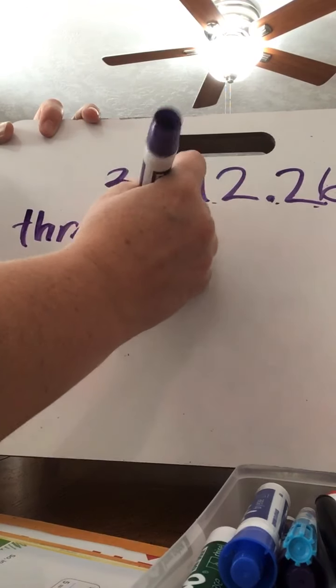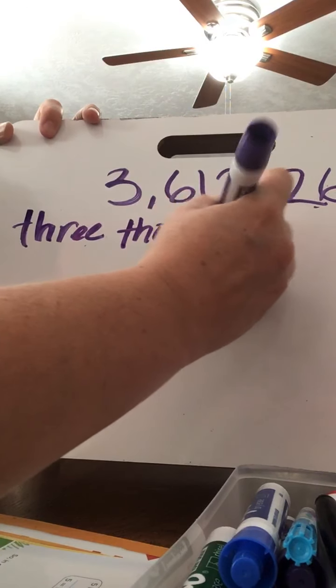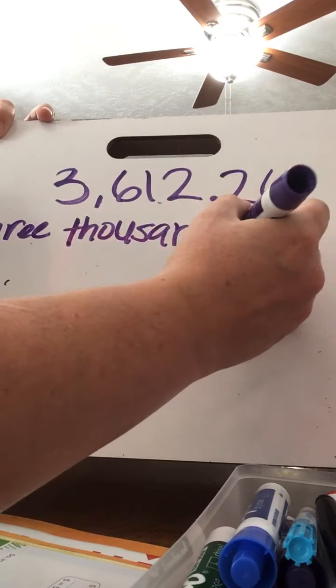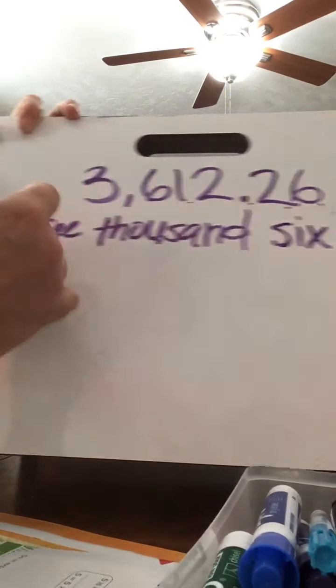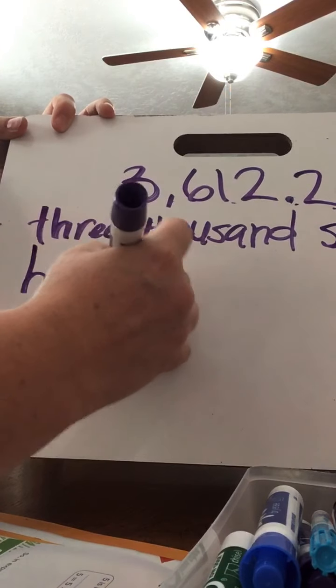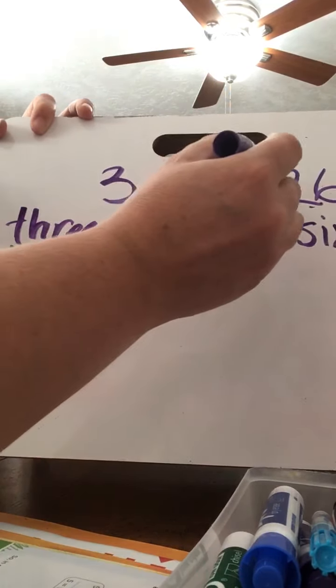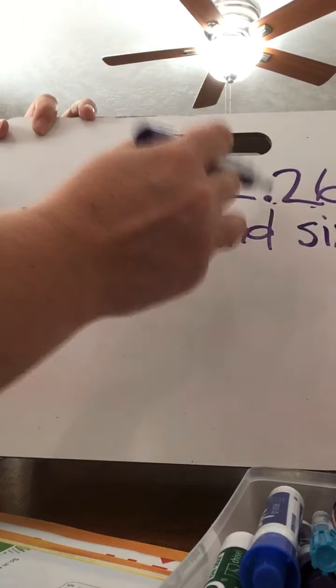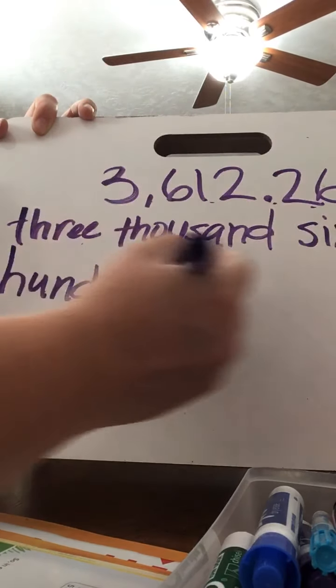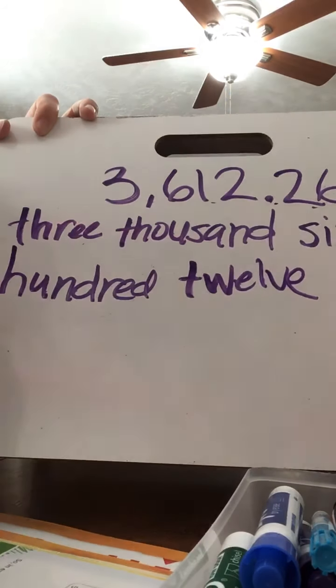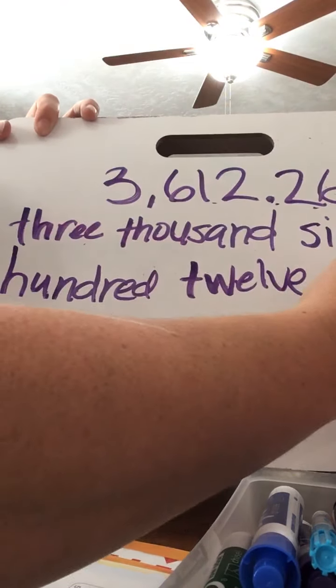So to write that out, that's going to take me a minute. Don't be lazy about it. No big deal. We've got 3,600. Don't put "and." Don't put 612. Remember what I said. You only put the "and" for the decimal. 3,612. Now you put your "and," because now we're at the decimal.